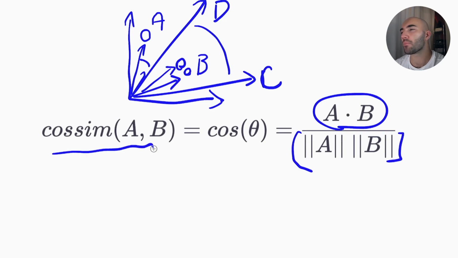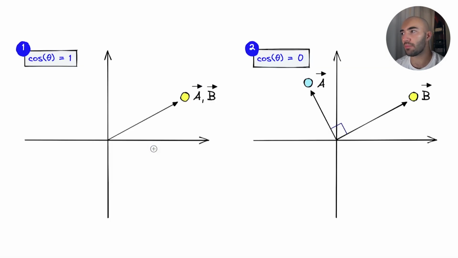So let's have a look at another example. Here, if we had two exactly matching vectors, the cosine similarity between those would be equal to 1. If we had two vectors at a 90-degree angle, so vector A is perpendicular to vector B, we would return a value of 0. Now, because we're using TF-IDF, all of our vector values are positive.